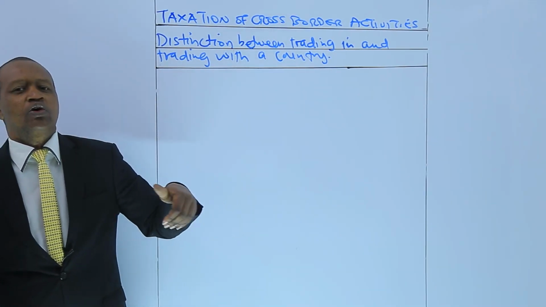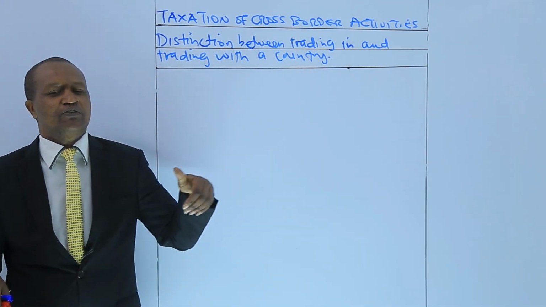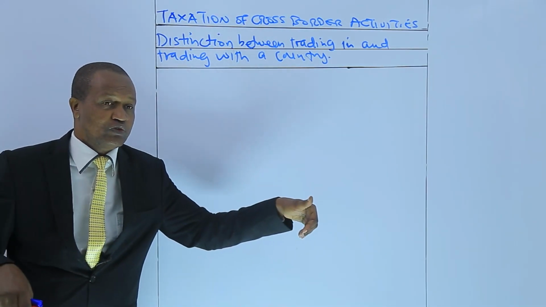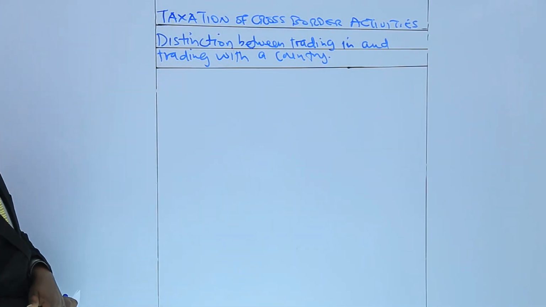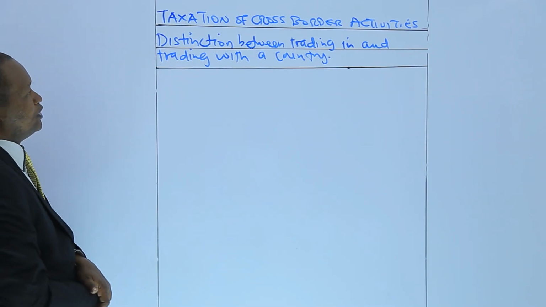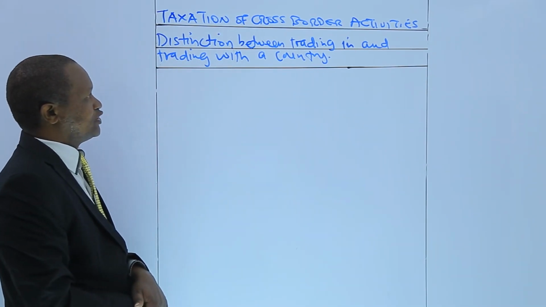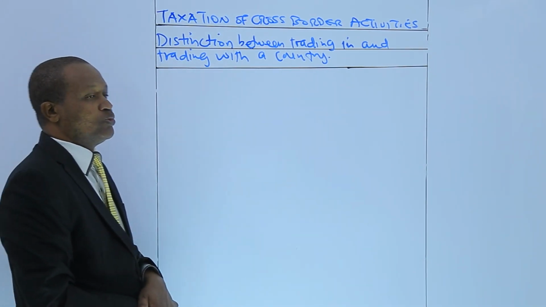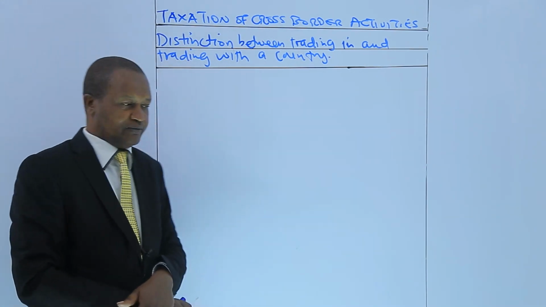And that involves cross-border trade, international exchanges of goods or services. So that's the difference between trading in a country and trading with a country.